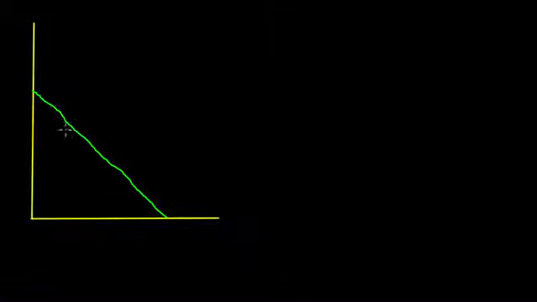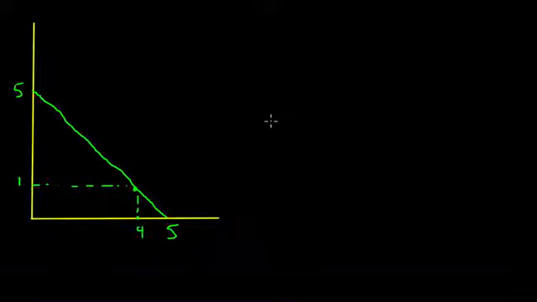This straight line just says, if we have 5 of good x and 5 of good y, and this is a -1 gradient, so -1 slope, that just means if we lose 1 of good x, so we produce 4, we can produce 1 of y. So that's just saying this good x is worth 1 good y.